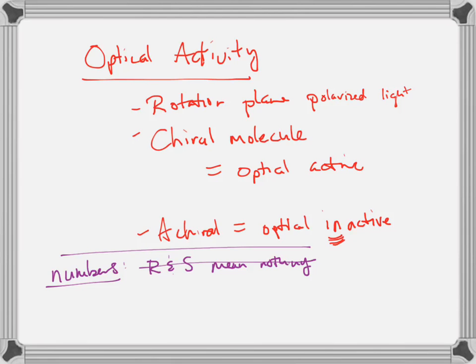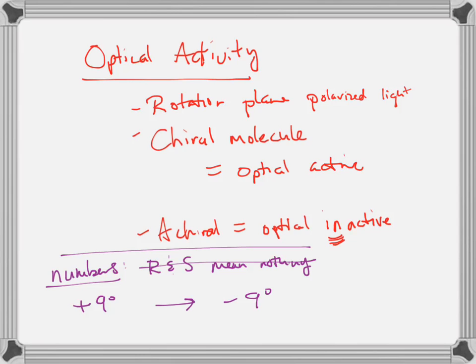What you should be looking at is if they tell you one structure has, say, a +9 degree rotation, and in the course of the reaction you get the opposite conformation, then it becomes -9.